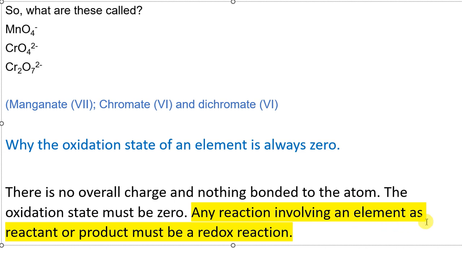Any reaction involving an element as reactant or product must be redox. If the element started off or ended up with oxidation state 0, it's going to be something else on the other side of the equation. It's changed. Oxidation state changes, it's redox.